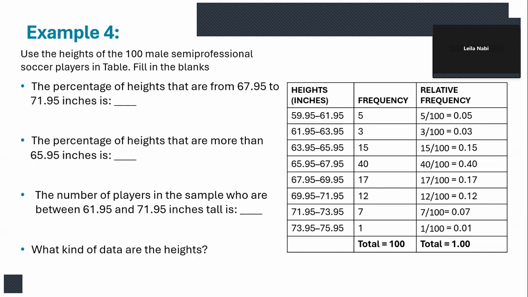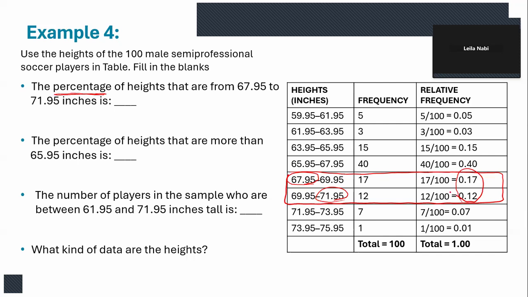Whenever it talks about the percentage, remember that we only look at the relative frequency column. The heights from 67.95 to 71.95, which means these two classes. So I only have to look at these two classes. And since it's asking about the percentage, I need to look at the relative frequencies.